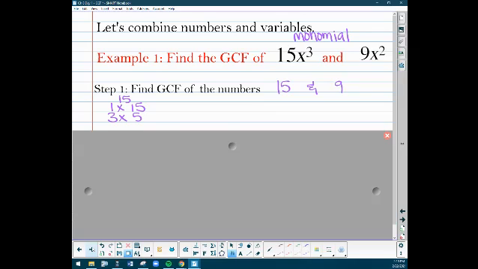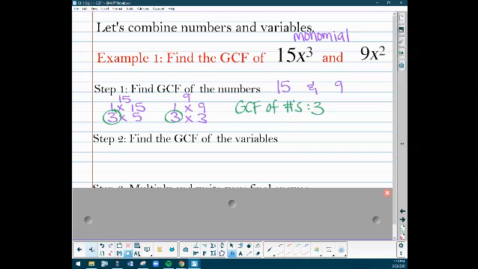If I want to think about what multiplies to give me 9, 1 times 9 and 3 times 3. Now I look at both of those and I want to find the greatest factor that goes into both. Well, they both share a 3. So the GCF of the numbers is 3. We kind of do these in 2 pieces.